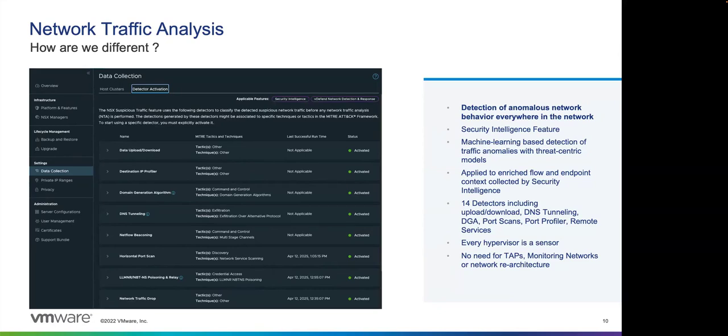There are 14 different detectors today. Every hypervisor is a sensor, so we don't have to install sensors. There's no need for taps, mirroring networks or re-architecting your network, because your transport nodes see all the traffic within your NSX environment, and we are seeing every bit of traffic there.